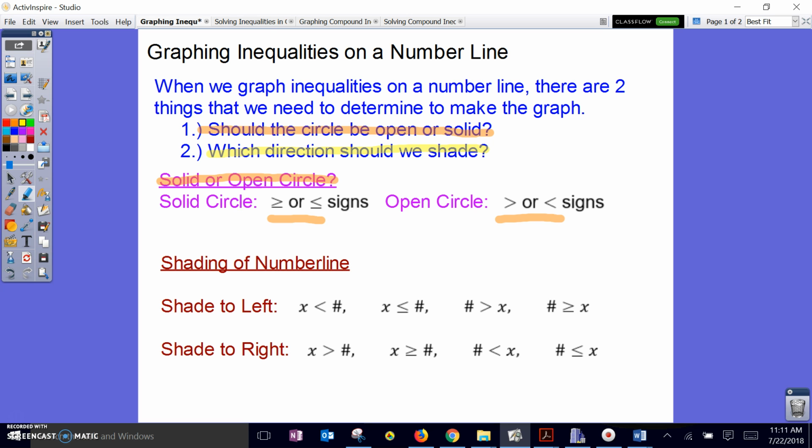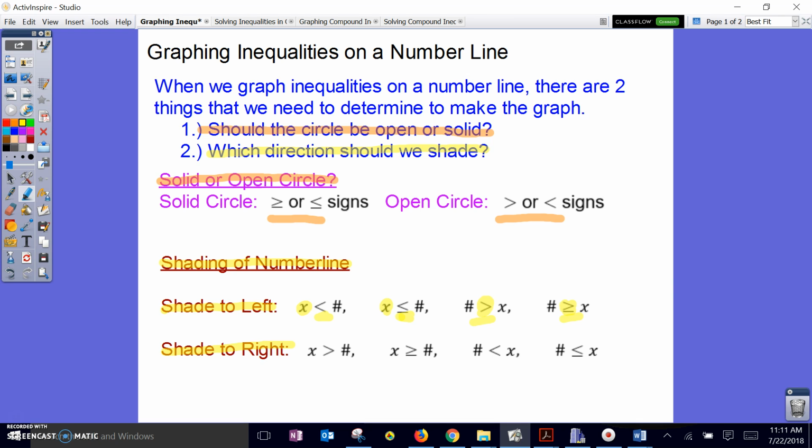And if you look down here at the bottom, here are the ideas of when we shade to the left and when we shade to the right. Whenever we have x is smaller than a number, or the number is bigger than x, those are all indications that we're looking for values that are smaller than the number on the number line, and so in all of those situations we're going to shade to the left.